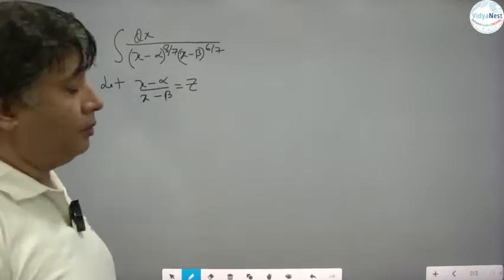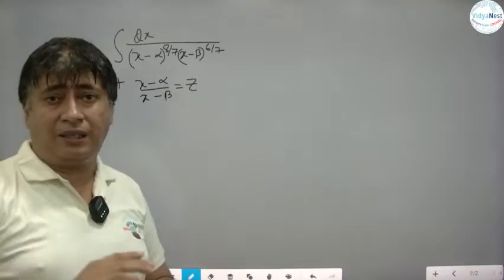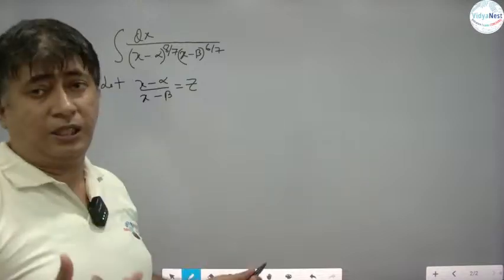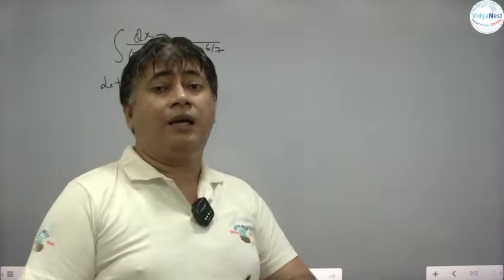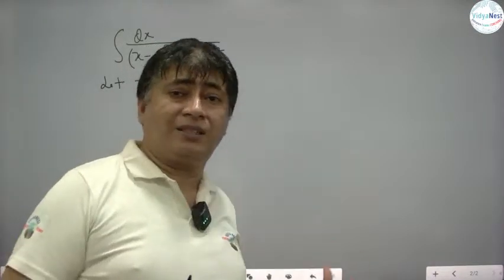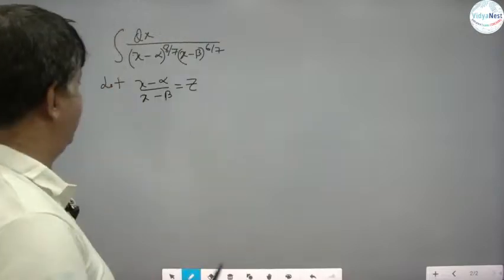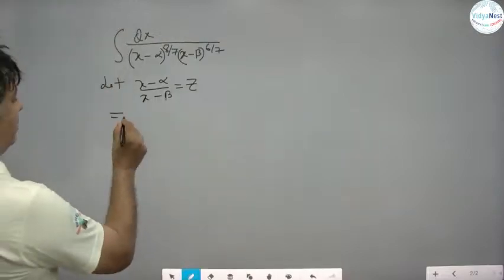Now our job is to separate x and z. What is meant by separation? Segregation. I will bring x in one side and z in other side. And to do that, cross multiply.